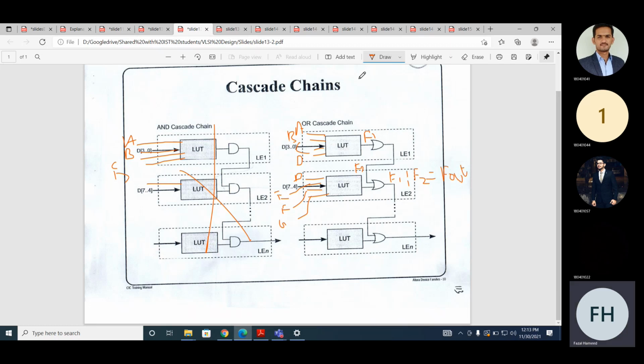And maybe in the exam I will give you a random function, and maybe that function is a wider input function, and then you can cleverly adjust them so that you implement that function with the minimum number of logic elements.